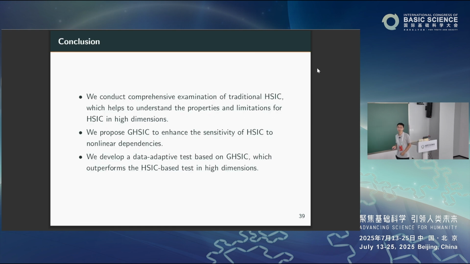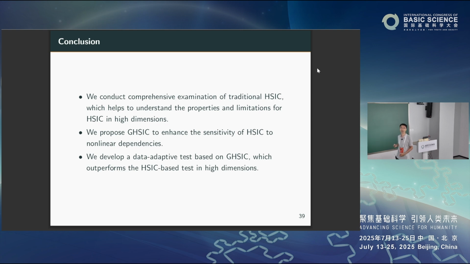So in conclusion, in this work, we have addressed 3 issues. The first one is that we conduct a comprehensive examination of the traditional HSIC, and from this kind of investigation, we can understand the properties and limitations of the HSIC in high dimensional scenarios more clearly.